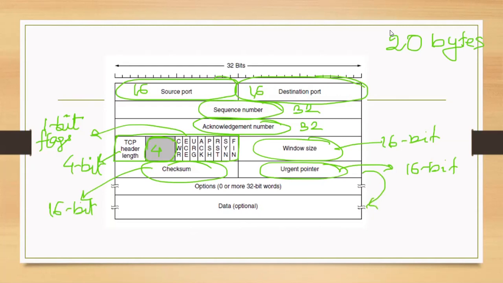All right. And then you see there is this part which is your options, that is 0 or more 32-bit words. So this is an optional part of the header.